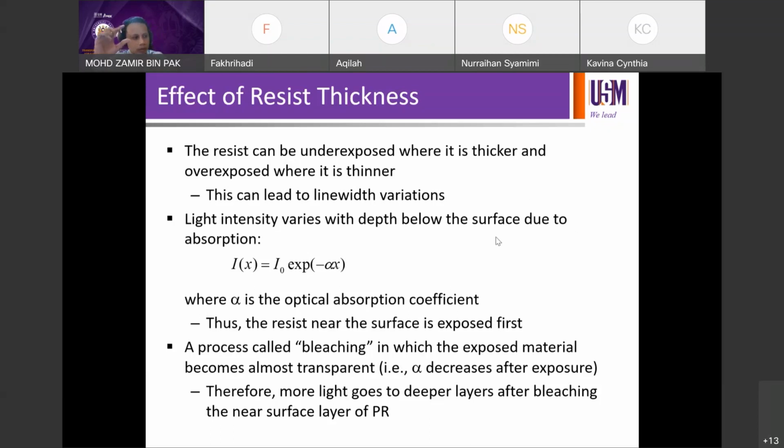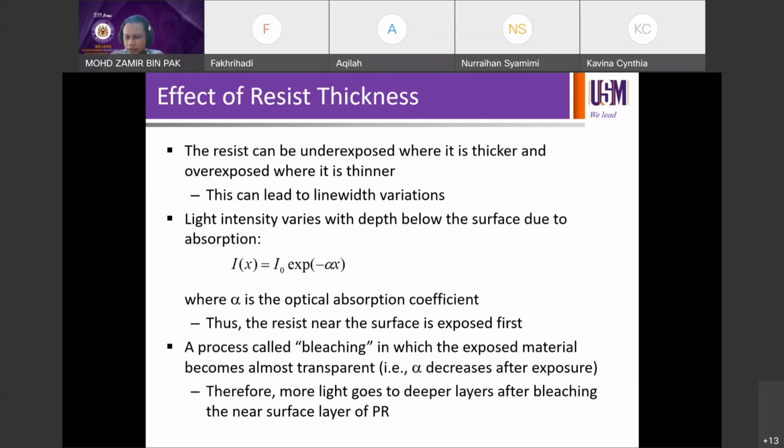So within that window only, we can be sure that the resolution of the photoresist, or the features that we're going to develop, will be good, in spec. Whereas if you are outside the DOF, the focus cannot be ensured, the quality cannot be ensured, the contrast cannot be ensured as well. So you'll probably have less sharp images or less sharp features developed if you are out of the DOF, the depth of focus. So this can lead to line width variation.